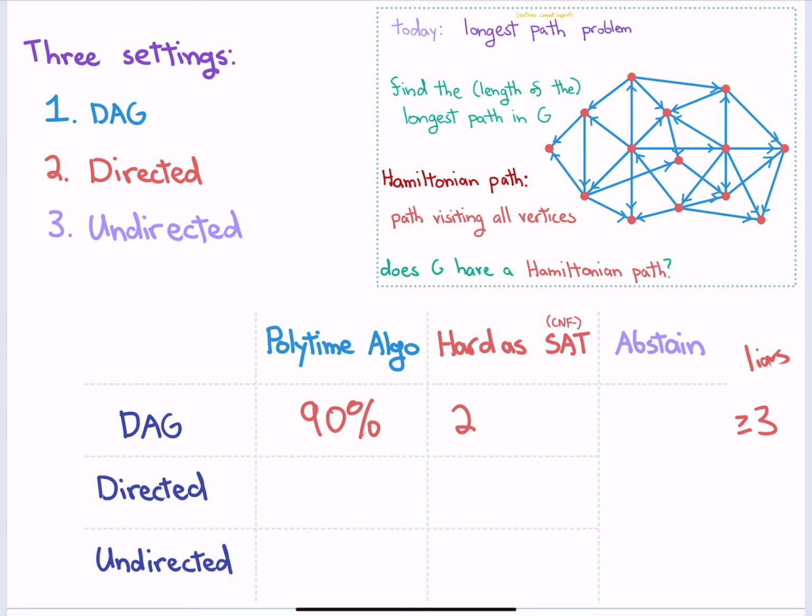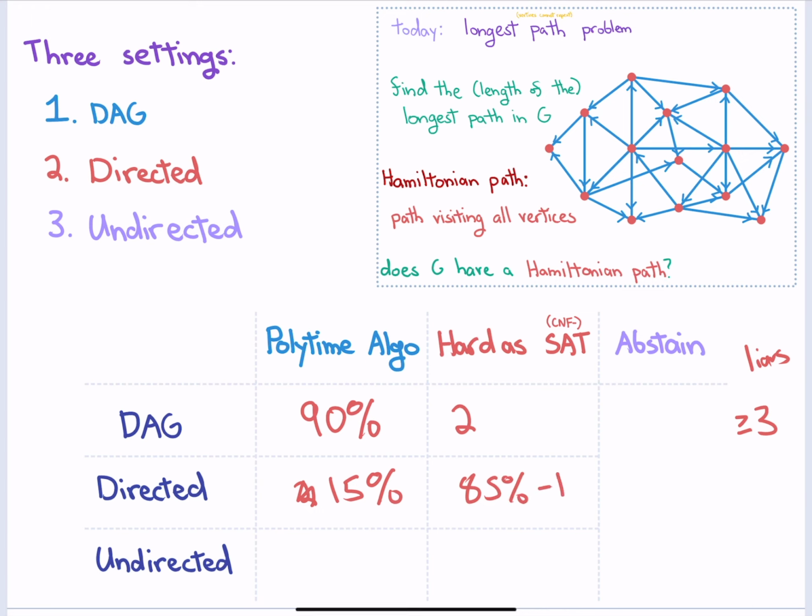How about for directed graphs? Who thinks we can get a polynomial time algorithm in directed graphs? All right, 8 people. That's like 20%, 15%. Now, who thinks it's going to turn out to be tough? 85% minus 1.